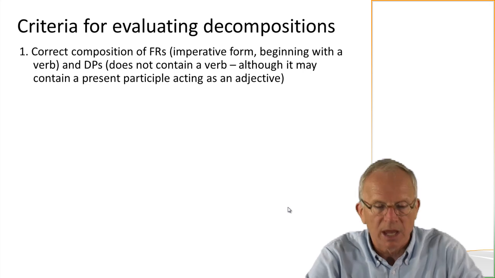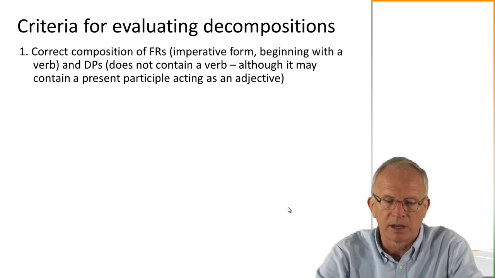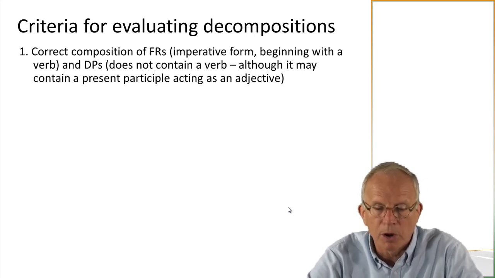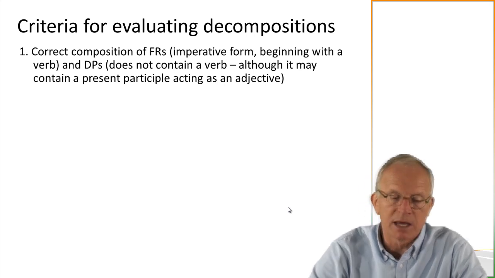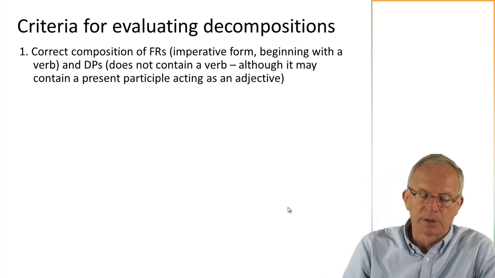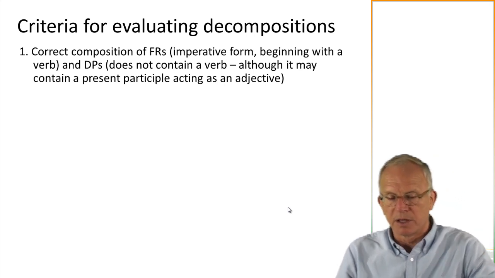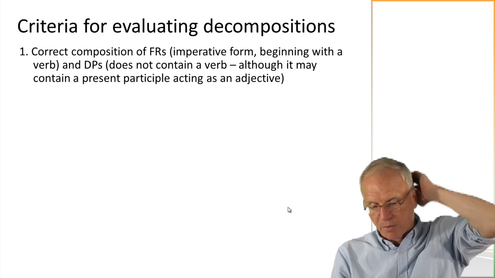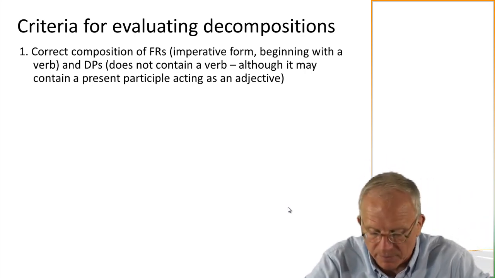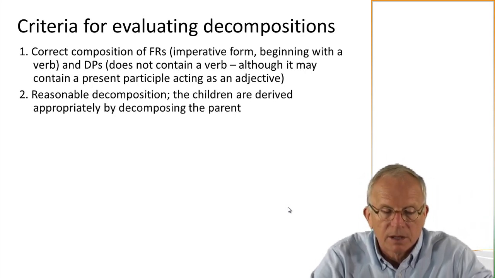If we take a look at our criteria for evaluating, FRs are in imperative form, beginning with a verb. DPs do not contain a verb, it's a noun, although it may contain a present participle as opposed to a verb as the FR would have it. So is it a reasonable decomposition?